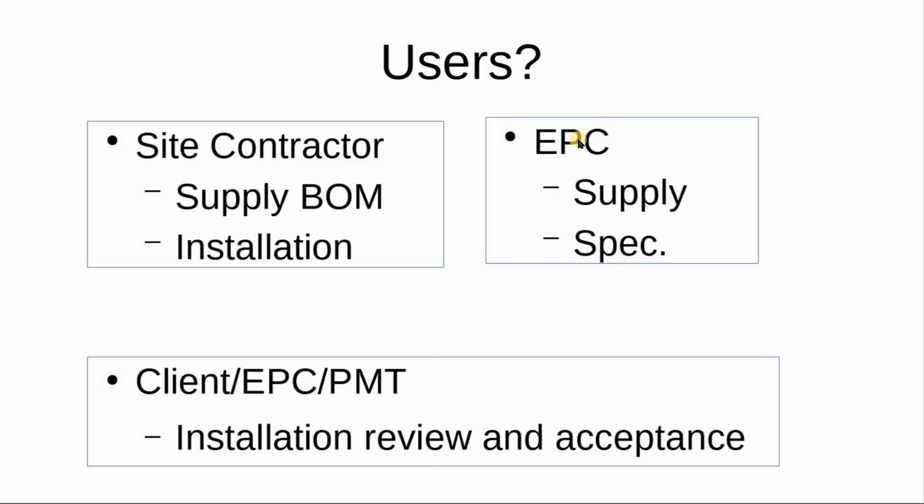The EPC will see what lies in their scope and they will buy those parts. The client, the EPC, and PMT will review this drawing and accept it, and then when the stuff has been built at the site, they will go and acknowledge and receive those equipment based on the installation drawing, which is the hookup drawing.